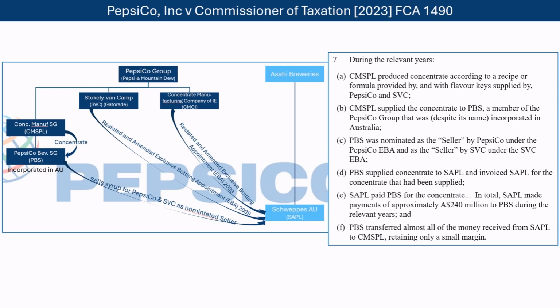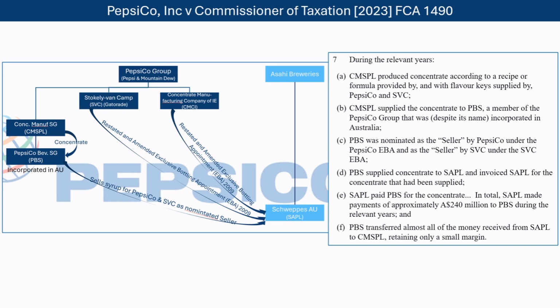We've already talked about the facts in the previous two videos, so very briefly: PepsiCo in the US had a structure by which it sold Pepsi syrups to Schweppes Australia, a subsidiary of Asahi Breweries, a third party.